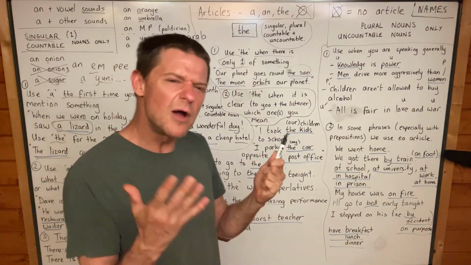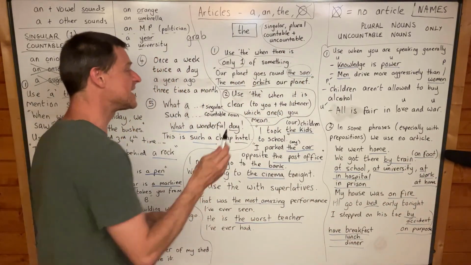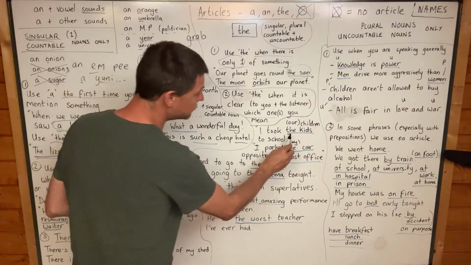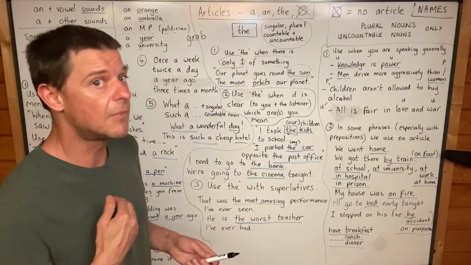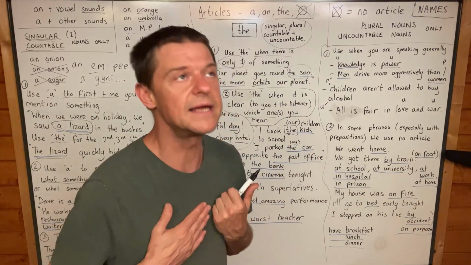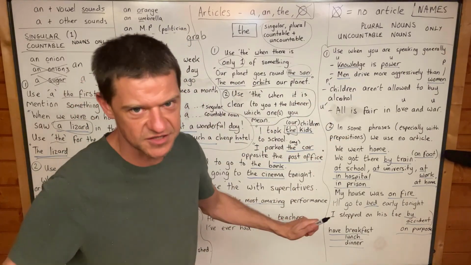Why would you take someone else's children to school? Usually you take your children to school, your kids to school. And that's why we say "the." We say "the" to make it clear to the person, I mean my kids. And so when I say "I took the kids to school," it's really clear that I mean my son and my daughter. I don't mean anybody else's children.